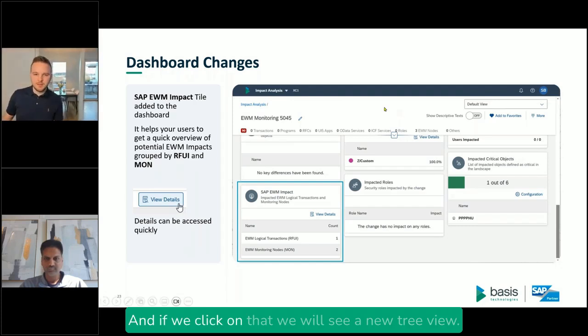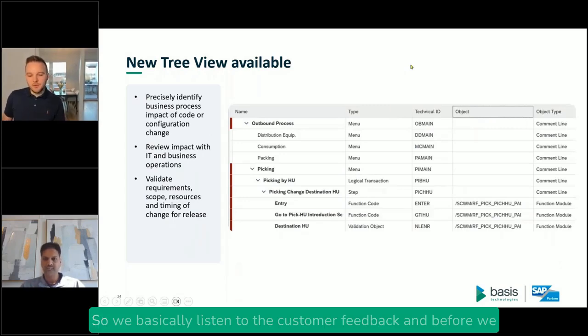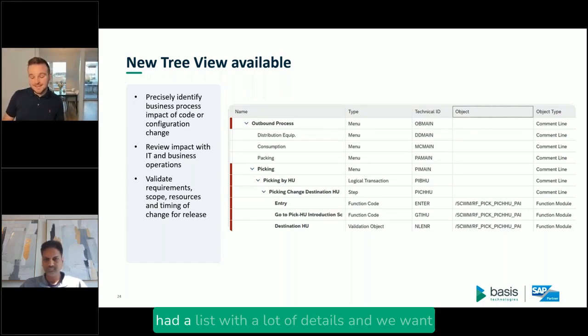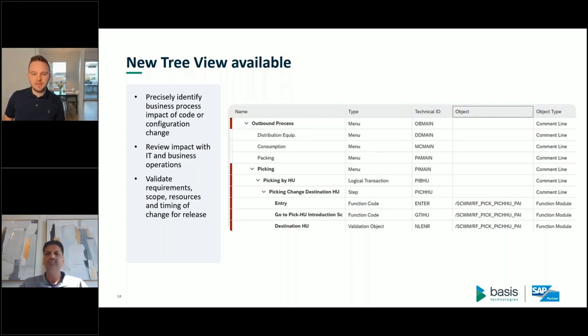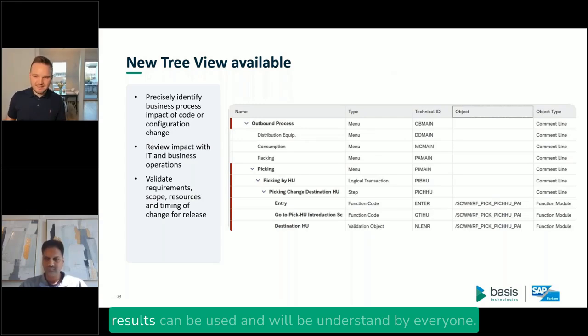And if we click on that, we will see a new tree view. So we basically listen to the customer feedback, and before we had a list with a lot of details, and we want to make our tools as user-friendly as possible. ActiveDiscover has the big goal that the results can be used and understood by everyone.